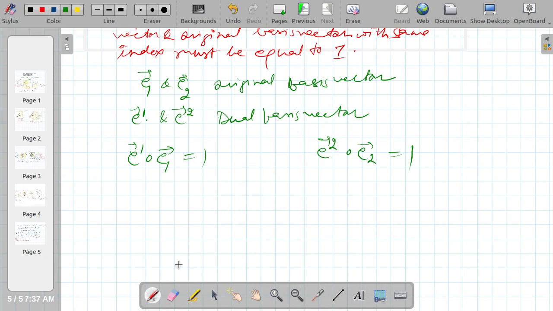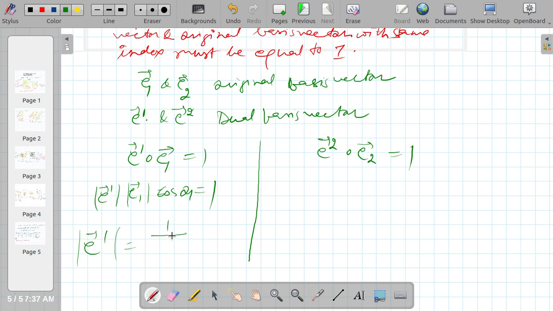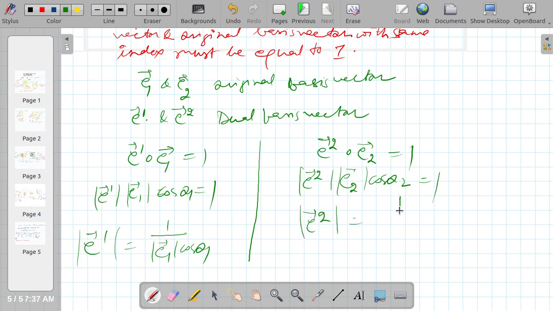If this is happening, then E1 mod cos of theta 1 equals 1, or I can say that E1 is equal to 1 over E1 cos of theta 1. Similarly, cos of theta 2 is equal to 1, so E2 can be written as 1 over E2 cos of theta 2.